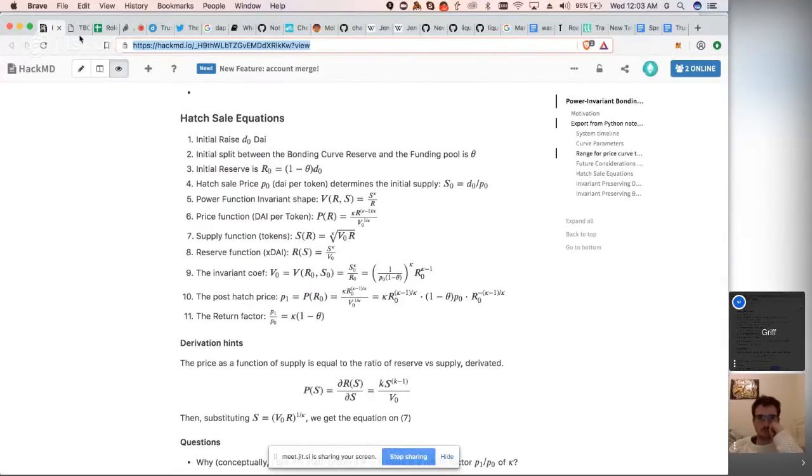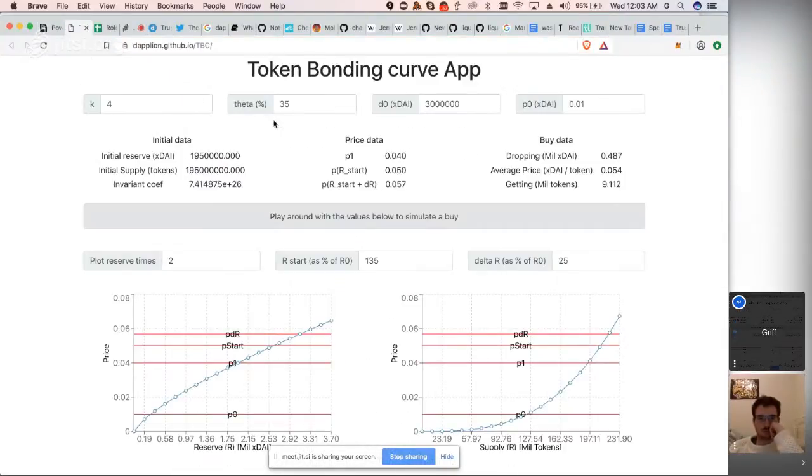So the first variable we'll start with is over here. We'll call it D naught. This is the amount of money raised in the hatch. This is R naught, which is the reserve pool of the XDAI, plus the funding pool of XDAI that the Commons gets to spend to help charities.